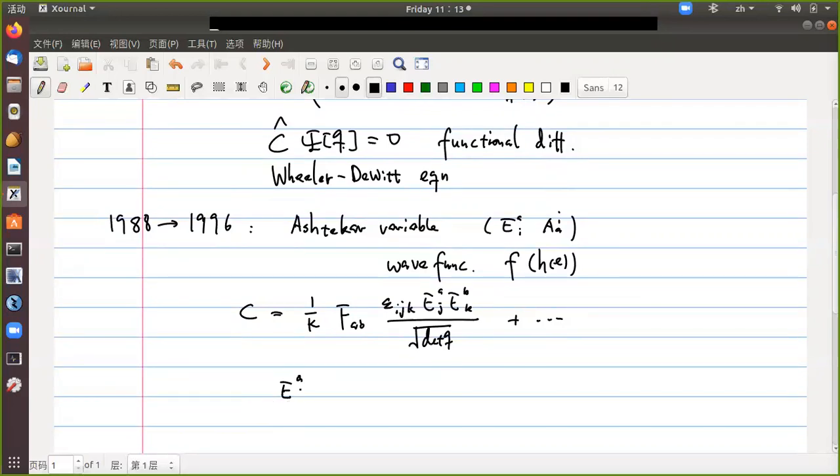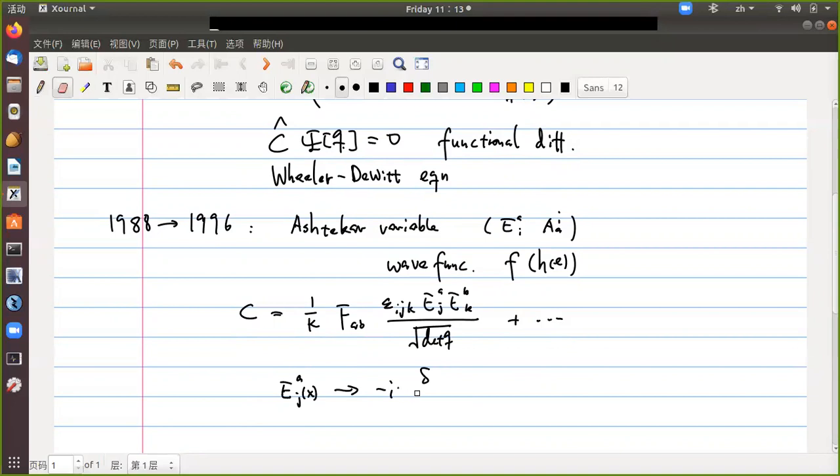To quantize this Hamiltonian constraint, you just replace E^a_i by functional derivatives, with a factor of h bar kappa.